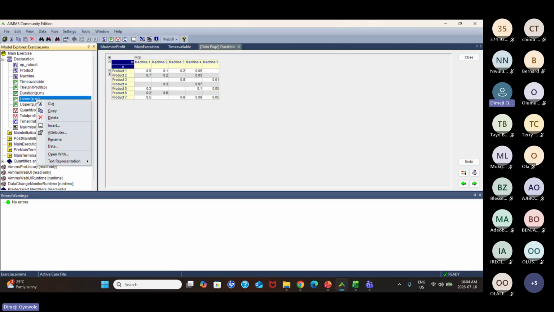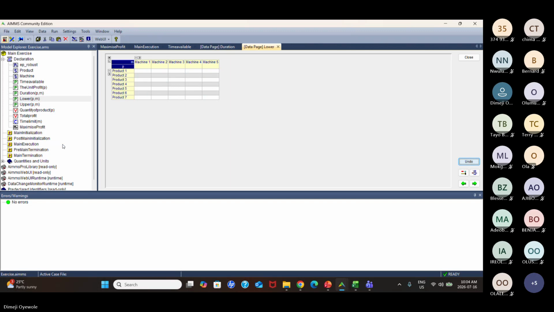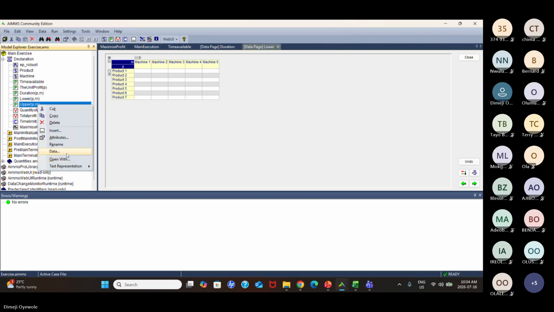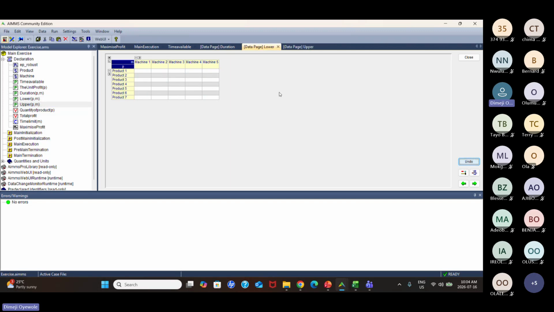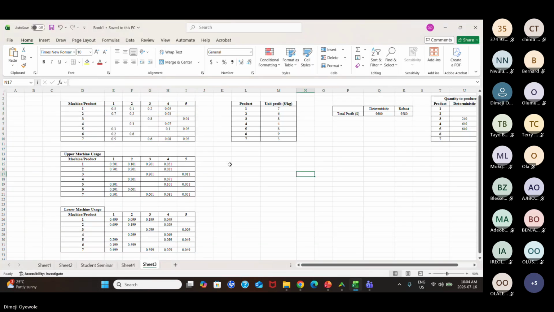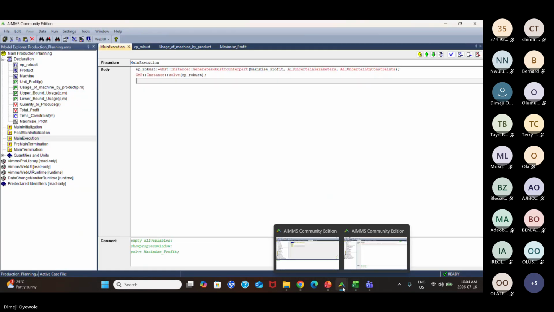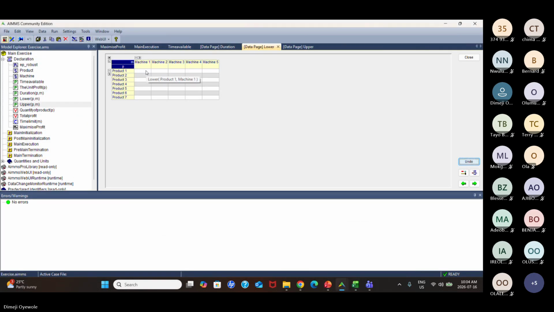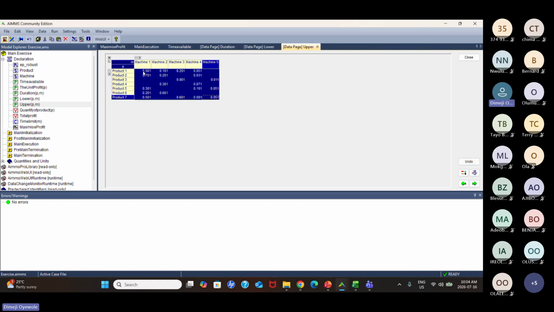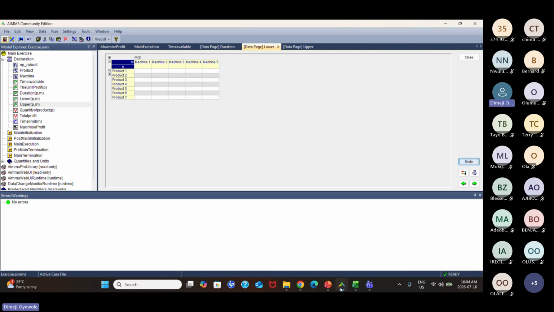Okay, so after we've done all of this, we just put the duration for the, this is for the deterministic, for the upper bound and the lower bound. We put that. The upper bound is here. This is for the lower bound. So upper bound, the lower bound.